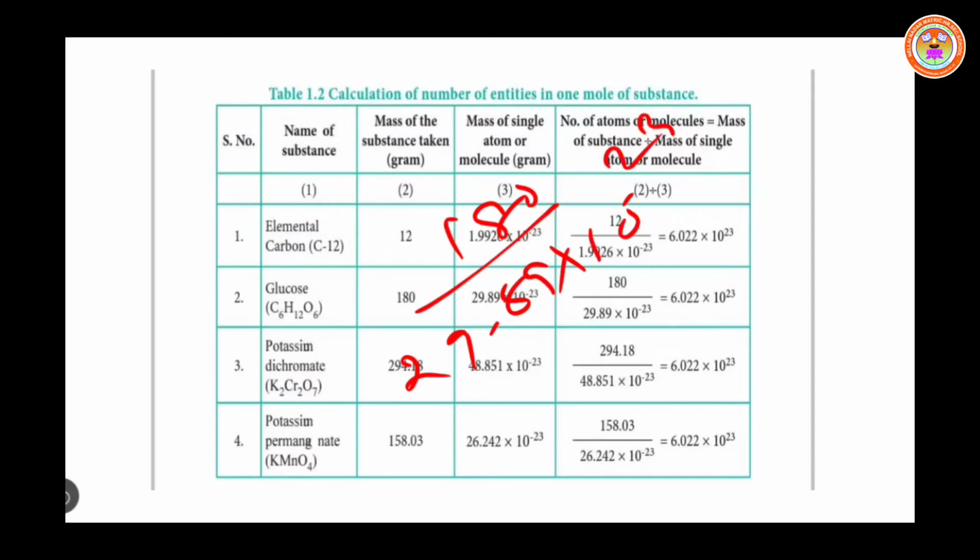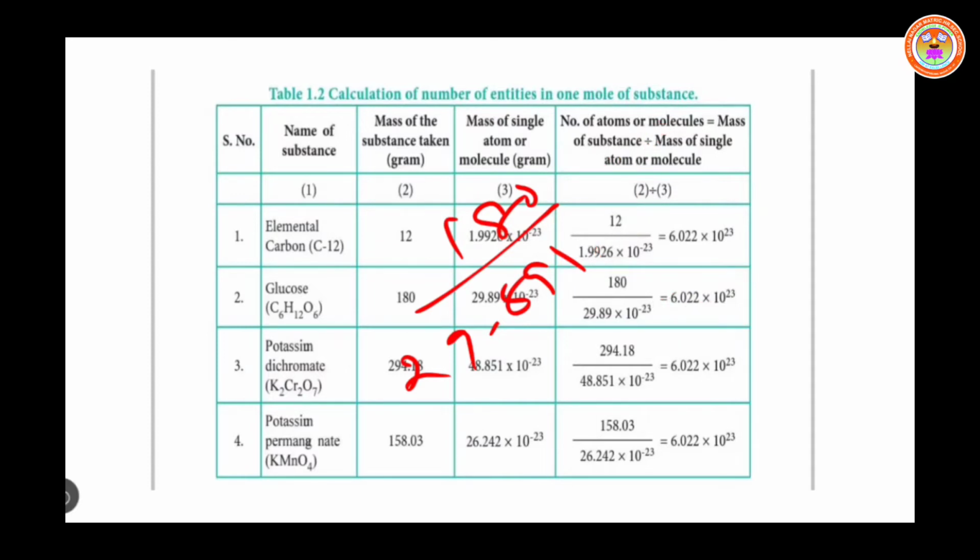If you divide 180 by 29.89, the value will be 6.022. Then if you bring that 10 to the power minus 23 to the numerator, it will become plus 23. So 6.022 into 10 to the power 23. So the number of molecules present in 180 gram of glucose is 6.022 into 10 to the power 23.